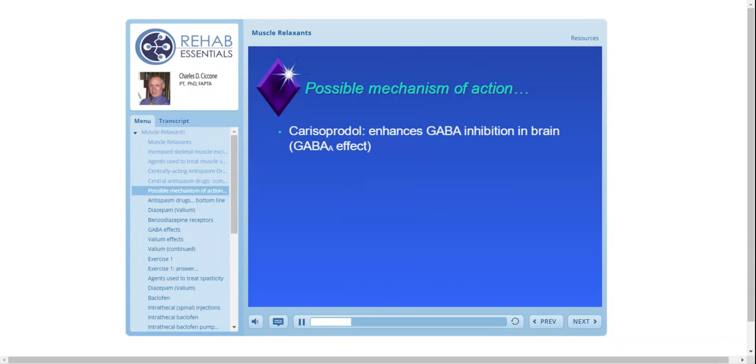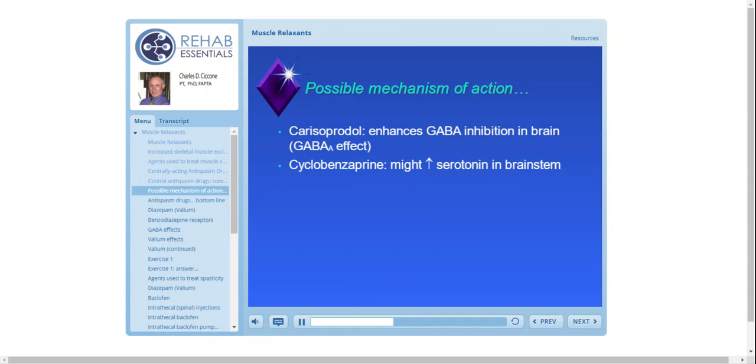But GABA is, of course, a very important inhibitory neurotransmitter, probably the most common inhibitory neurotransmitter throughout the central nervous system. There are at least two types of GABA receptors: GABA A, which is more predominant in the brain, and GABA B, which is more predominant in the spinal cord. By enhancing GABA A, we would get this effect of this drug. A second drug, cyclobenzaprine, seems to increase serotonin activity in the brainstem.